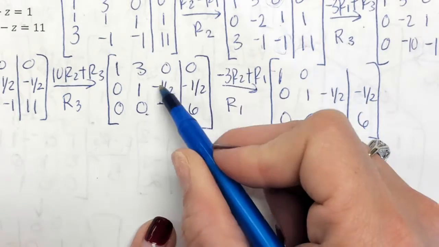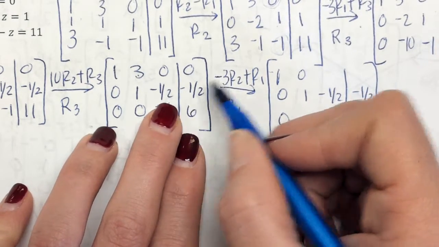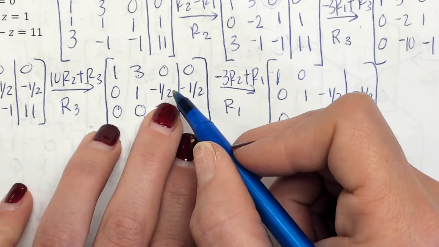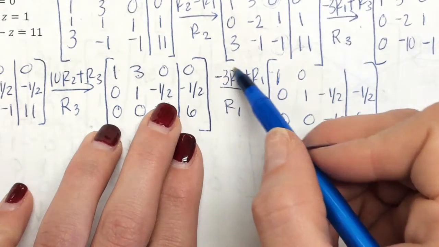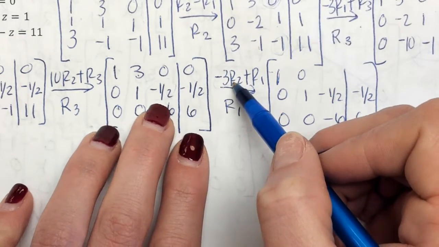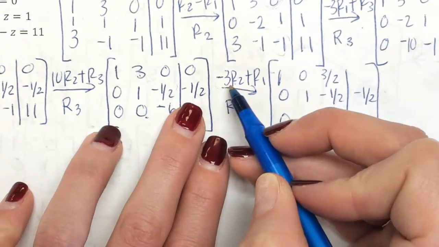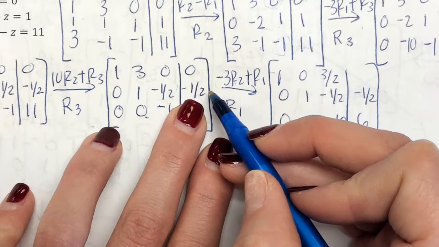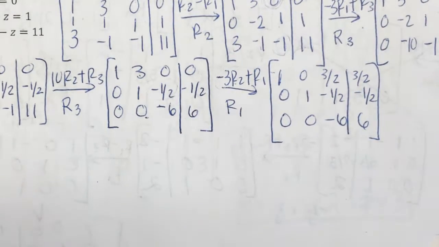What's negative 3 times negative 1 half going to be? 3 over 2 plus 0. Try it again. Negative 3 times negative 1 half. 3 over 2, right? Plus 0? Yes. Alright, same thing here would be positive 3 over 2 plus 0 would be what? 3 over 2. Good.